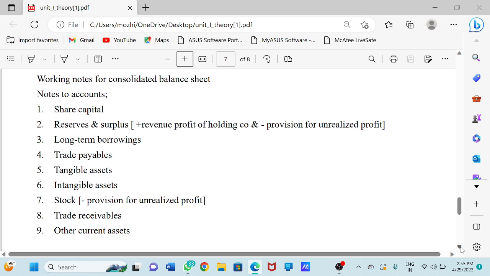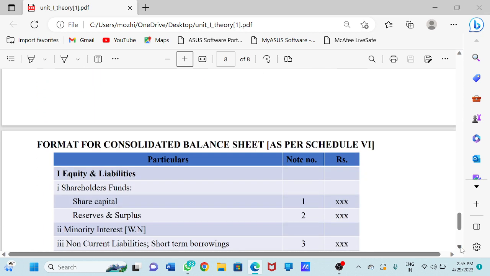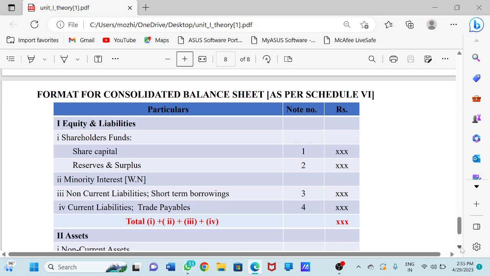While if we have the value of the stock separately, that value of both holding and subsidiary has to be added back, and that has to be deducted with the provision for unrealized profit. Then trade receivables, there we will have some workings based on whether it is outstanding or mutual. If they have mutual obligations, the treatment will be totally different. Then other current assets, all the things which you have not included. So with all these things, we'll prepare the notes to accounts.